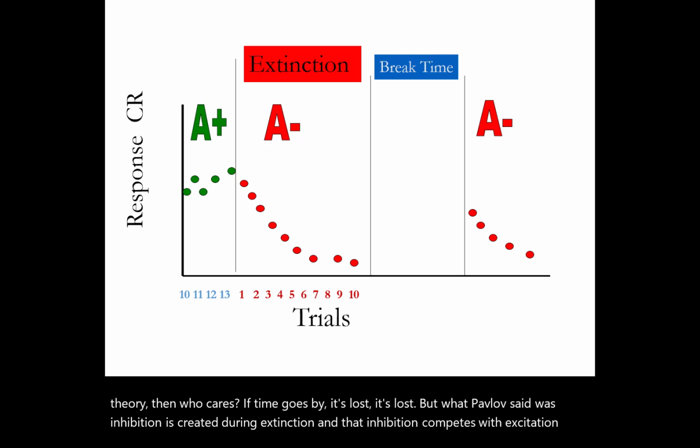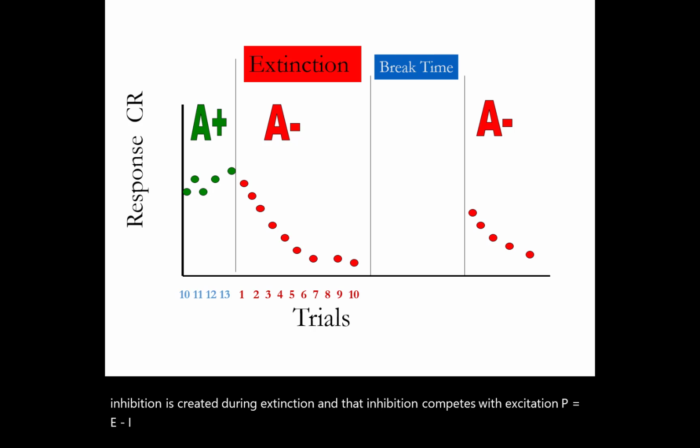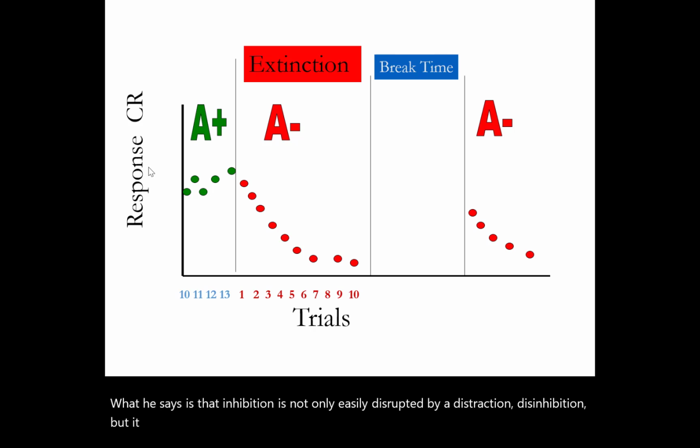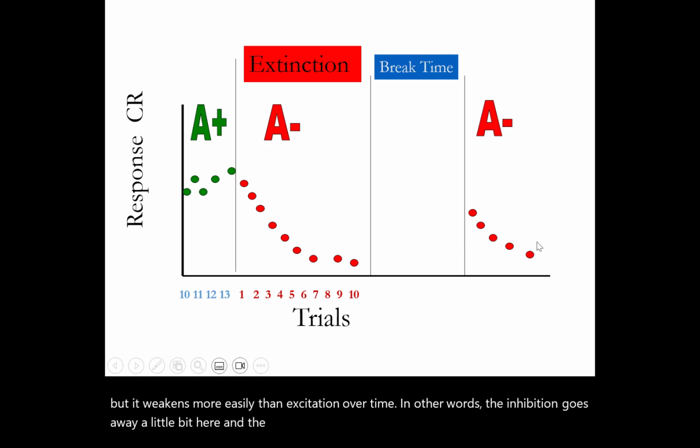P equals E minus I. Performance is a function of excitation minus inhibition. What he says is that inhibition is not only easily disrupted by a distraction, disinhibition, but it weakens more easily than excitation over time. In other words, the inhibition goes away a little bit here, and the excitation shines back through in spontaneous recovery.